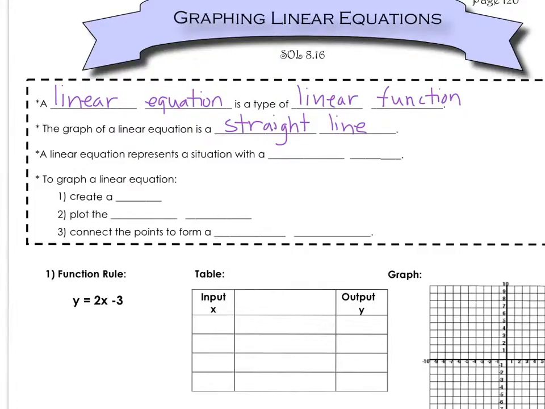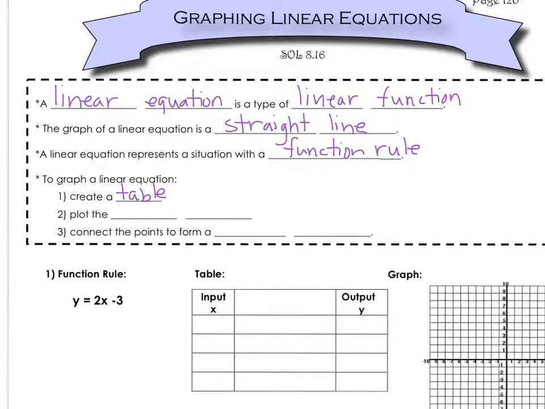And a linear equation represents a situation with a function rule. So since it's a function, we're going to have some type of rule associated with it. And so there's 3 steps to graphing a linear equation. The first step you have to do is, given the rule, you're going to create a table. You may remember these as input-output tables.